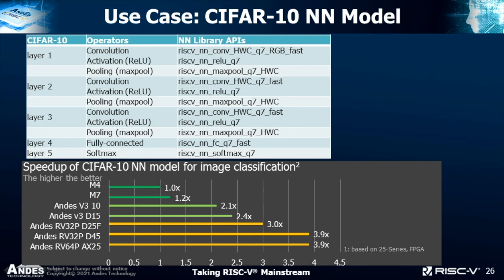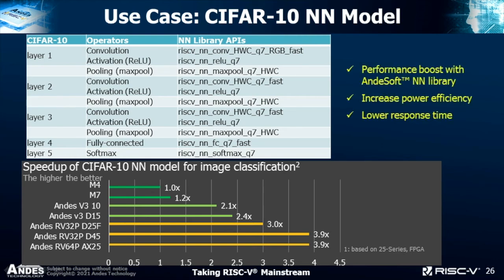And AX25, which is a 5-stage pipeline, 64-bit RISC-V processor, achieves around 4 times speedup over M4 as well. The performance boost with the Andes library increases the power efficiency and gives a lower response time.